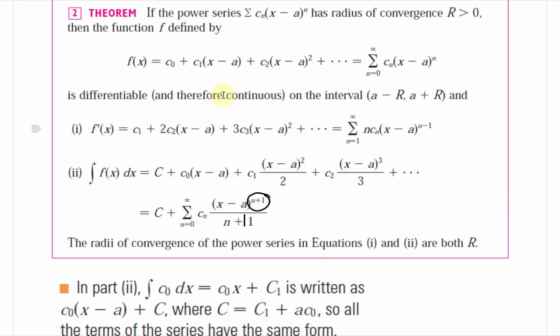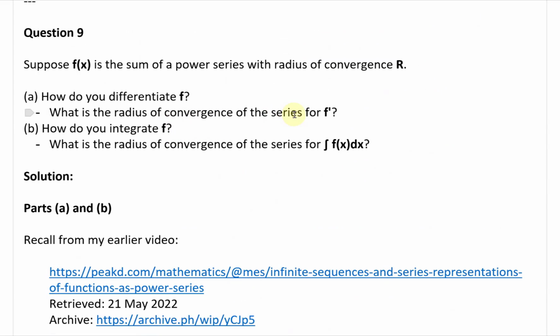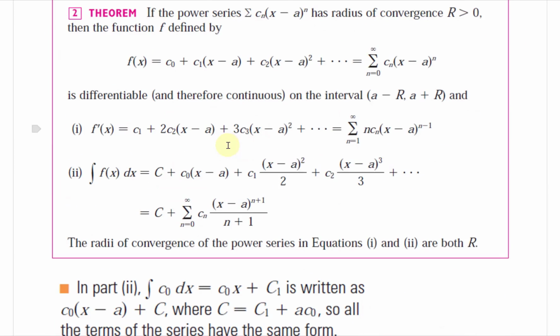So if this is n right here, then this would be n plus 1, divided by n plus 1, when you take the integral and do this for all the terms. And the c0 is there when you plug in n is 0, that just goes to 1, divided by 1.